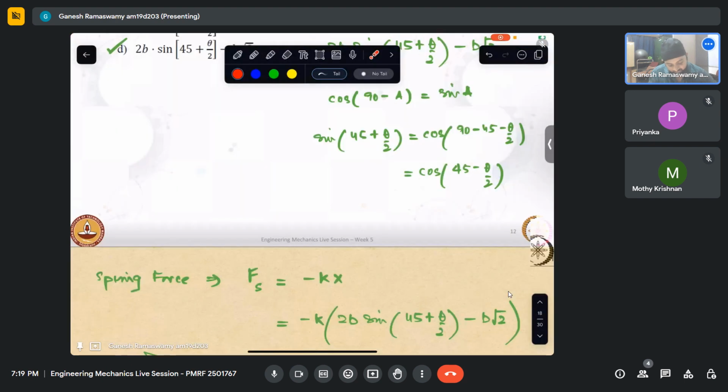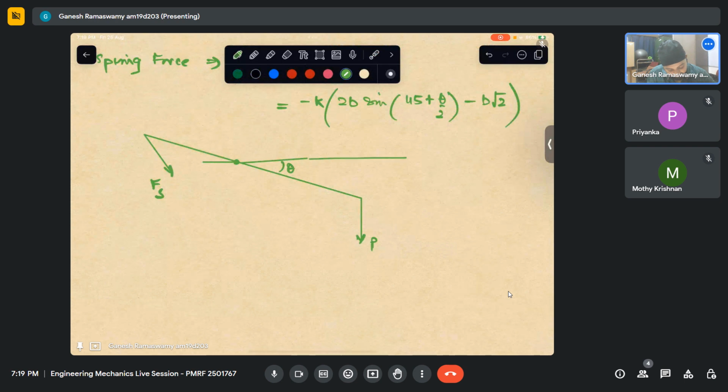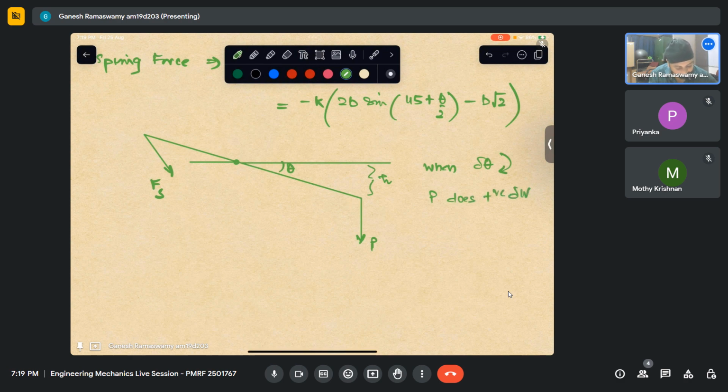If I extend this, let us say I call this distance h. Now when I give a positive delta theta, a clockwise rotation, P does positive virtual work, Fs does negative virtual work.